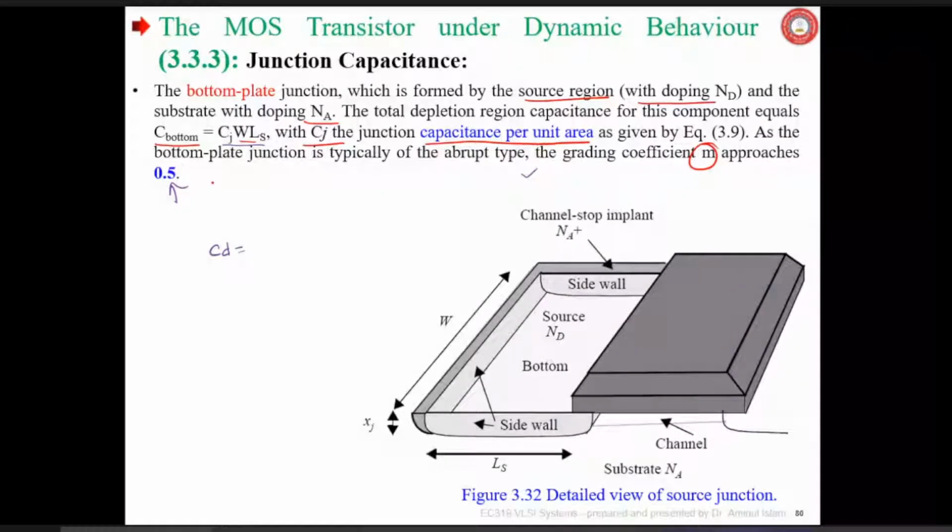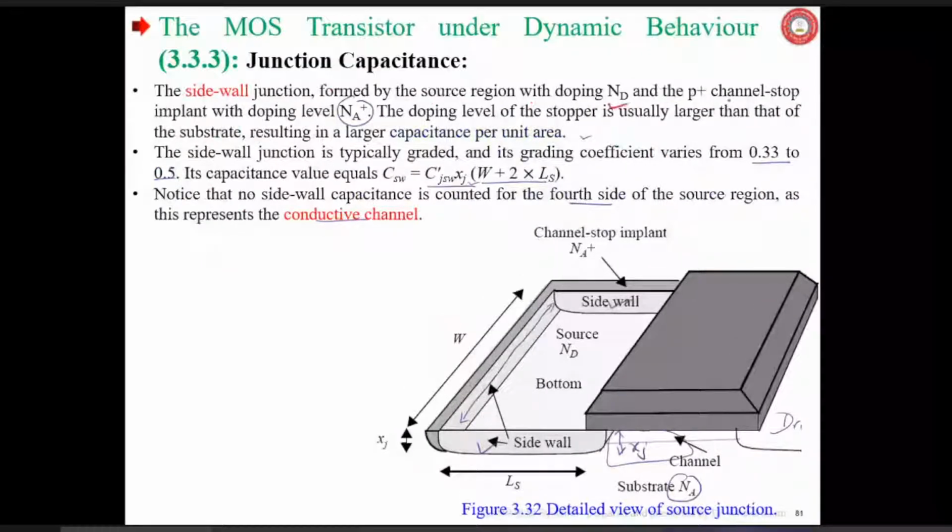The sidewall junction is formed by the source region with doping ND and the P plus channel stop. This region you are seeing, the gray colored region, is the channel stop. It is not P type lightly doped, rather intentionally it is P plus type.